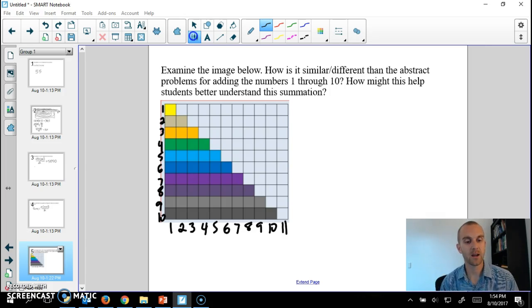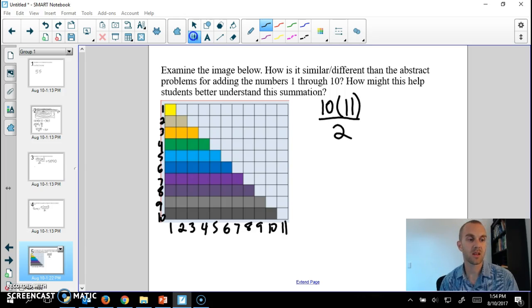So if my entire shape was filled in, I would have a 10 by 11 number of shaded blocks. But if I look at this, well, how many of those are shaded in? And look, that's the consecutive numbers, 1 through 10. If I counted the blocks, 1 in the first one, 2, 3, 4, 5. What I notice is half of this rectangle is shaded in.